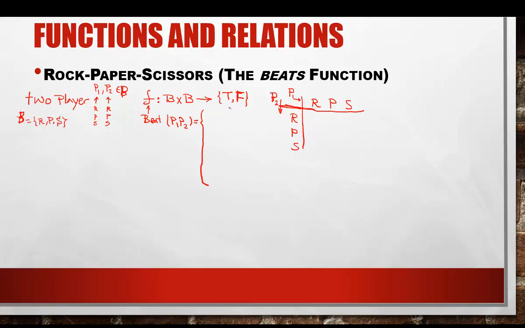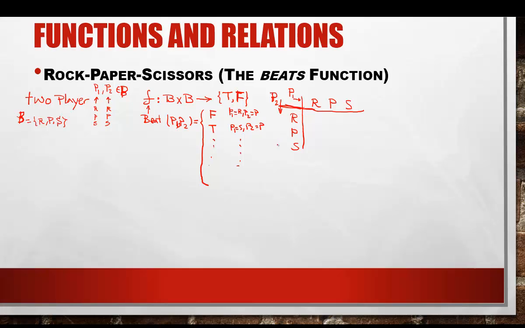So if player 1 is rock and player 2 is paper, then rock does not beat paper, so this is going to be false. If player 1 is scissors and player 2 is paper, then this is true because scissors beats paper. So then we'll just go on and on and fill these 9 elements in.